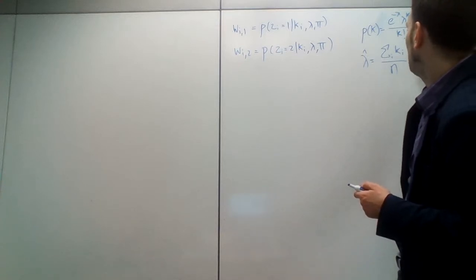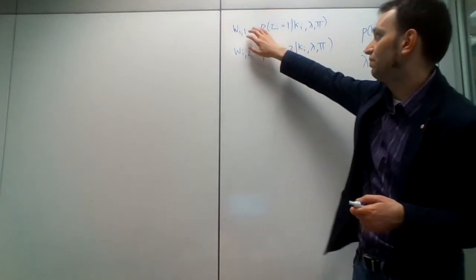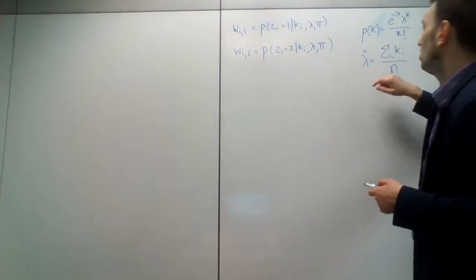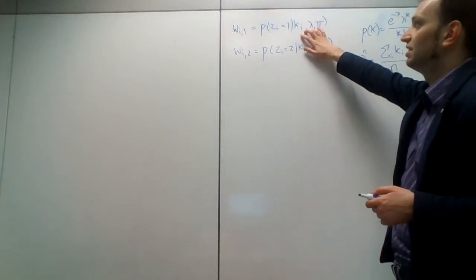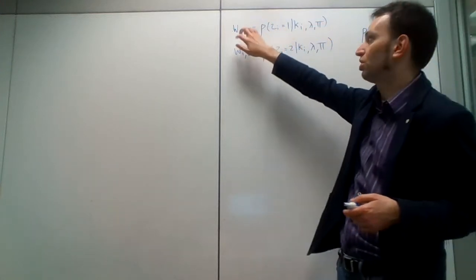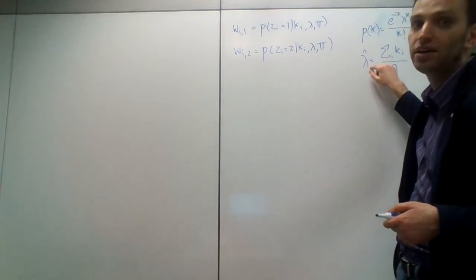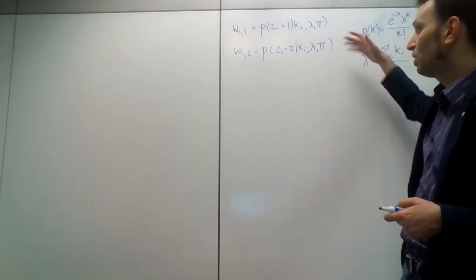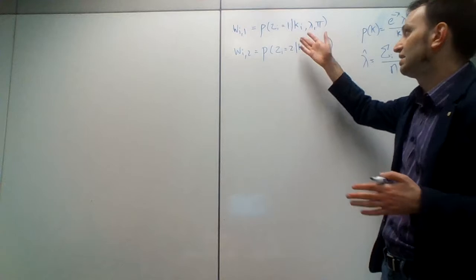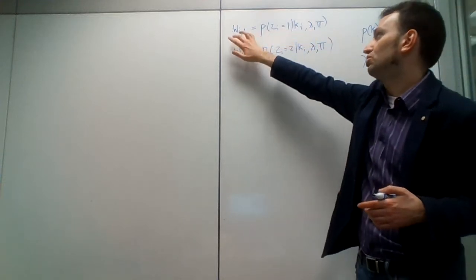Well, because we know that if these were 0s and 1s, we could just average the k's that belong to the first Poisson distribution in order to get its lambda, we'll do the same thing, but we'll use those weights.